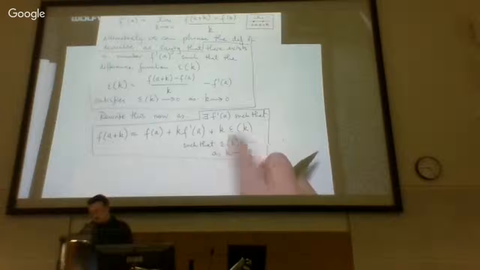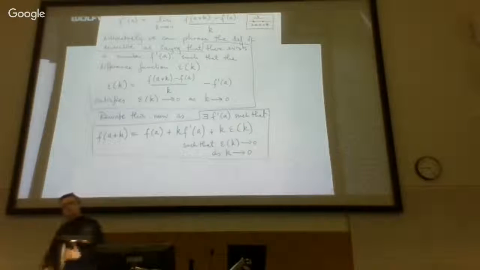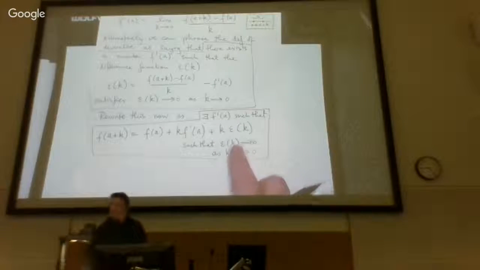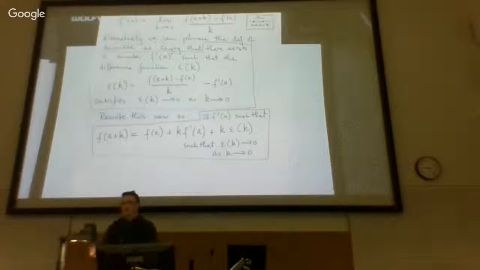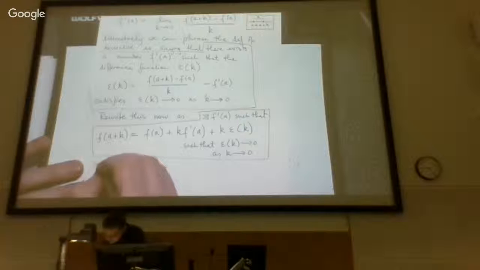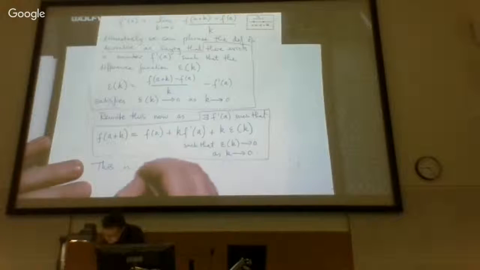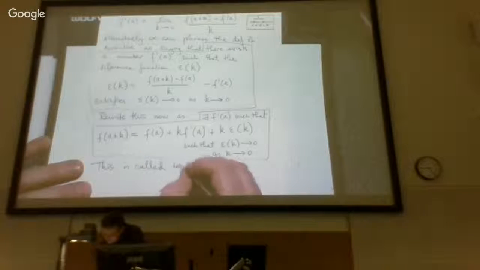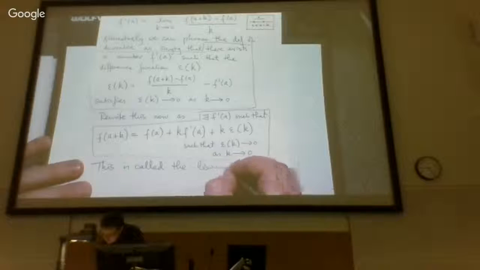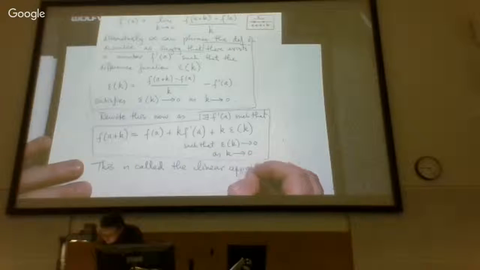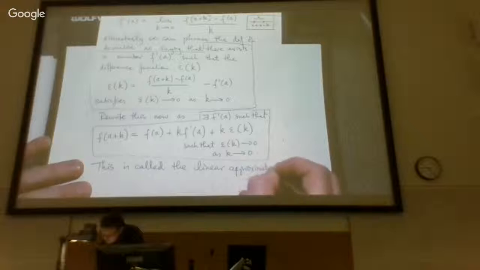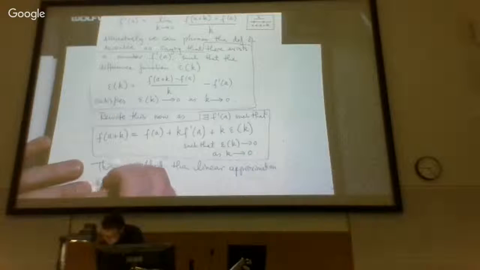And the error term has the special form that it's k times a function epsilon of k, with the extra property that epsilon of k goes to 0 as k goes to 0. This is called the linear approximation form for f.